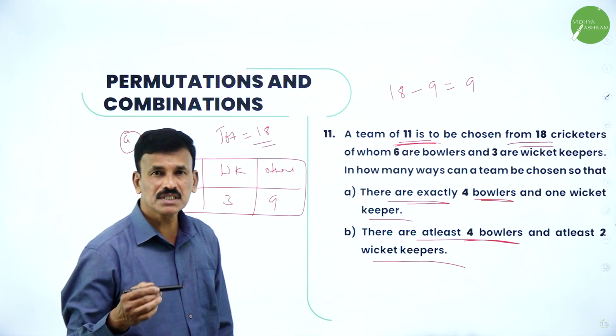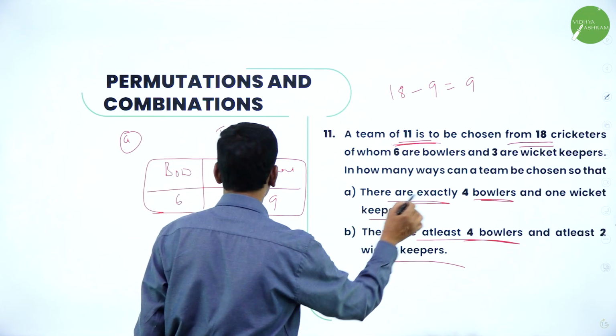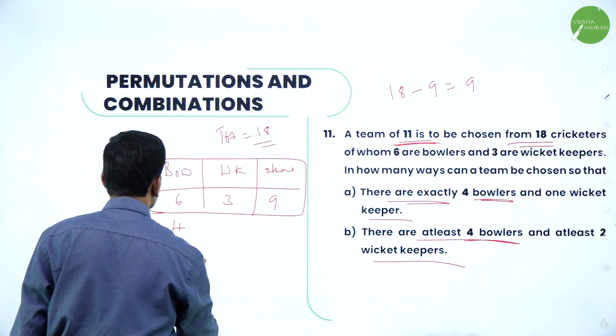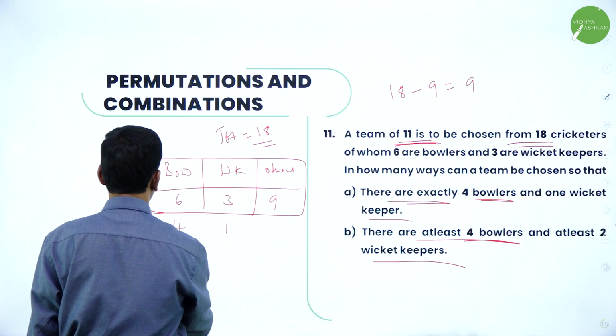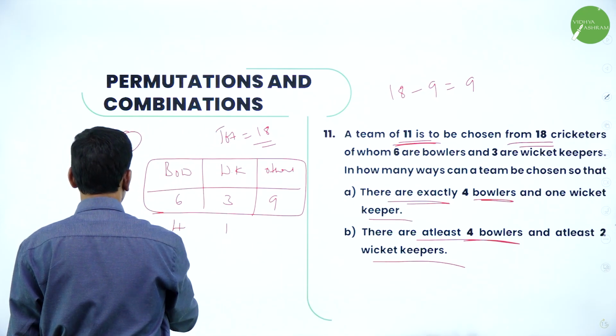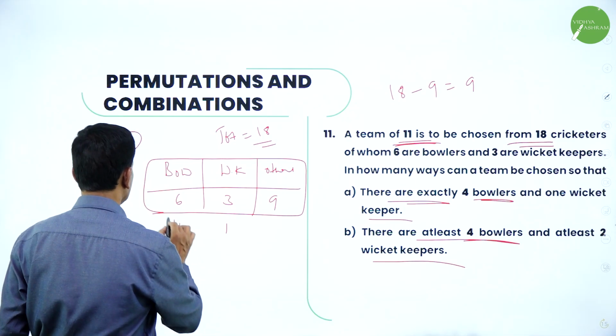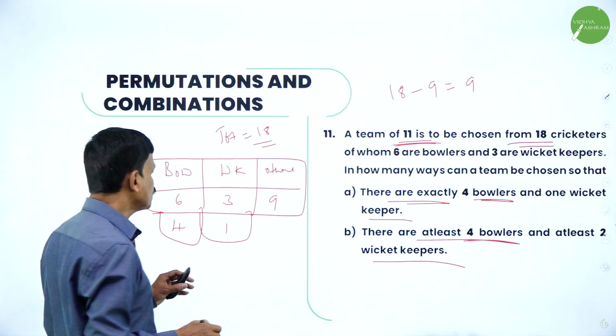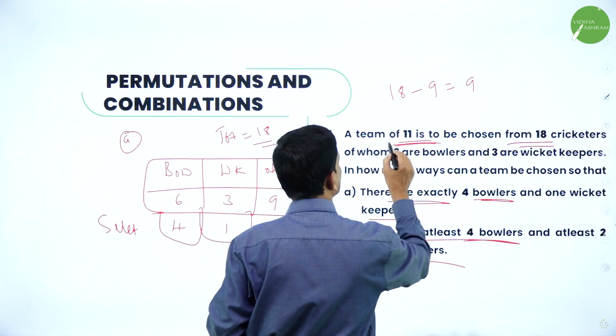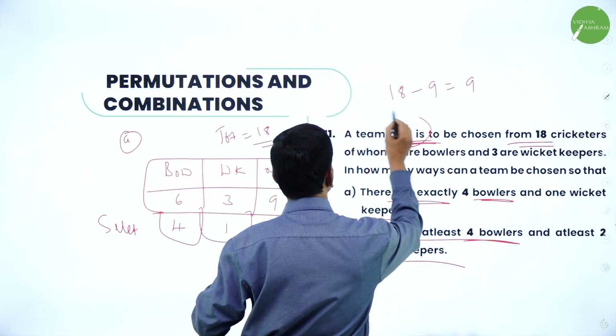Now what is the condition? First, exactly 4 bowlers and 1 wicket keeper. So we are going to select 4 bowlers, 1 wicket keeper, and the remaining. How many cricketers have to be chosen? 11.